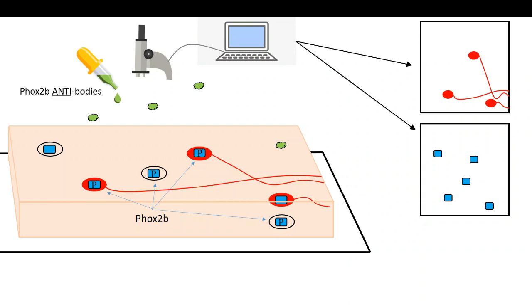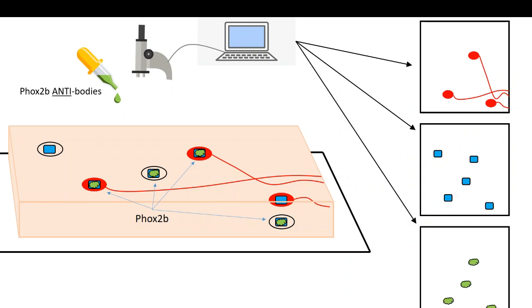And for this, I could use something called FOX2B antibodies. Antibodies can be generated in a way that they bind only to their target transcription factor, or any other gene for that matter, or protein. So now, in this experiment, I had also labeled the nuclei that have FOX2B in them. And then I could take a picture also of this.